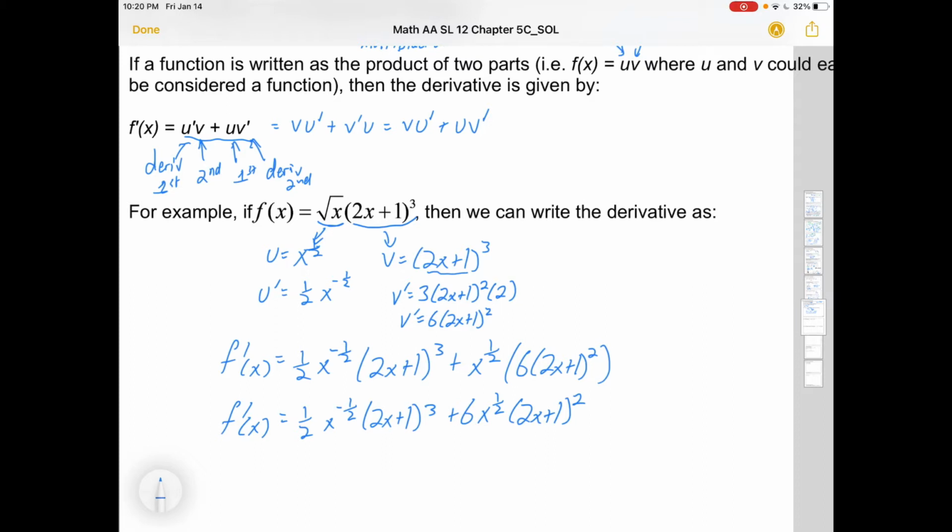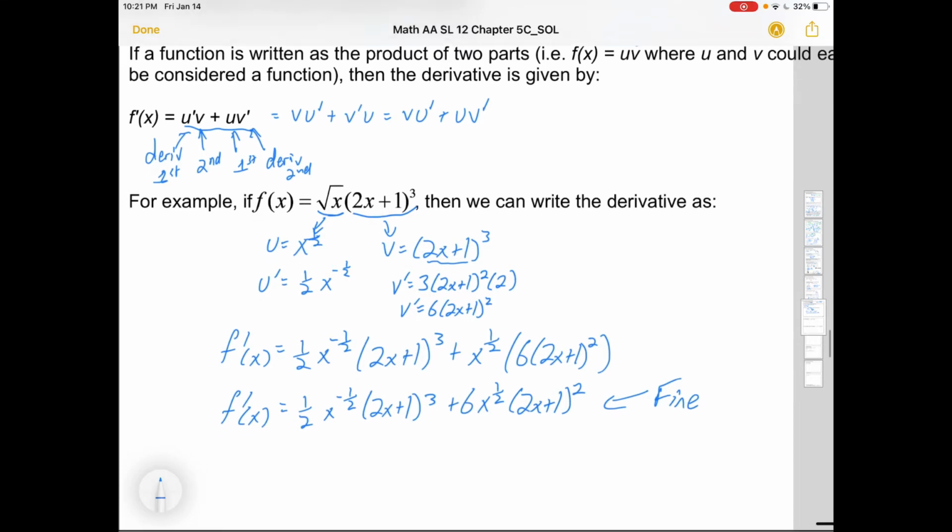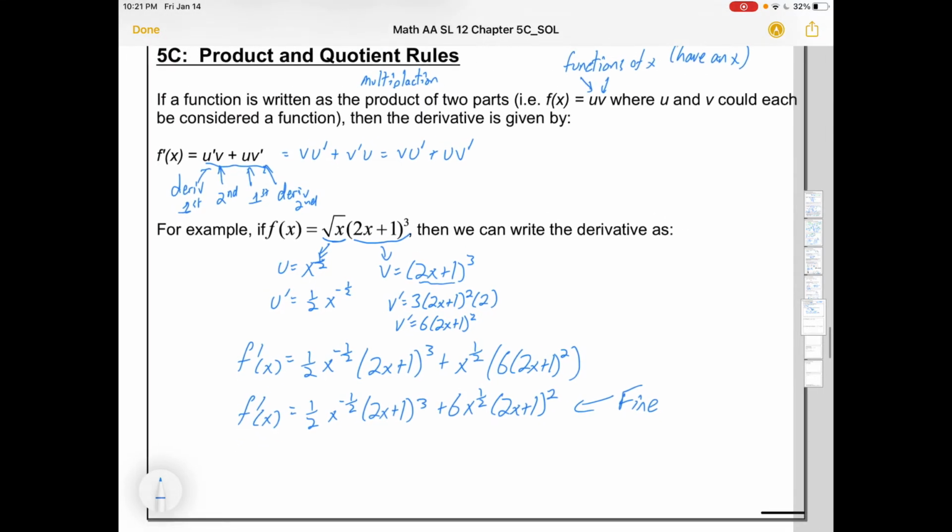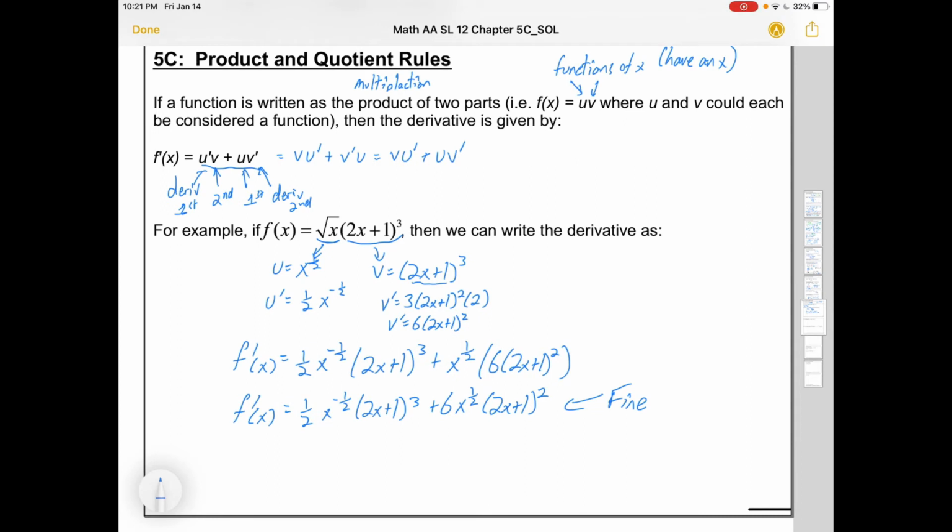You could write these in radical form. You could make a common denominator and put them together. But at this point, we have something that is fine. Unless they ask for something fancier than this, we're okay. And we could sub values into this. Maybe there's a simpler way to express it, but this is fine. Then it'll give us the slope anywhere. And yeah, it's a mess, but it does the job.